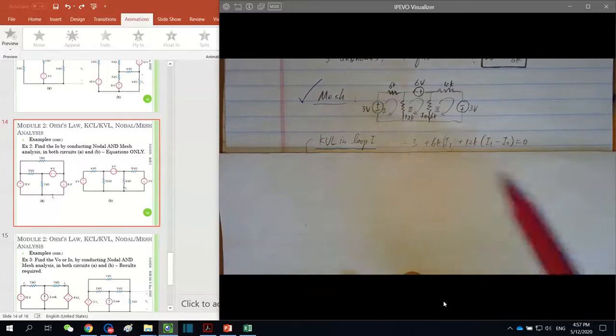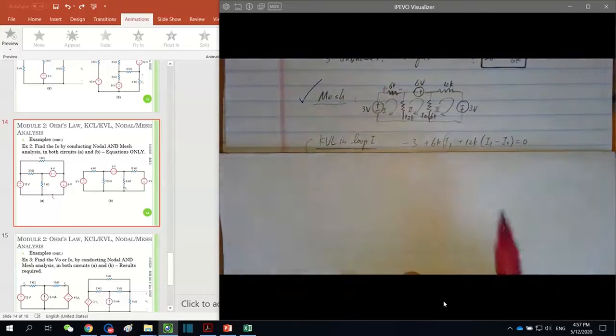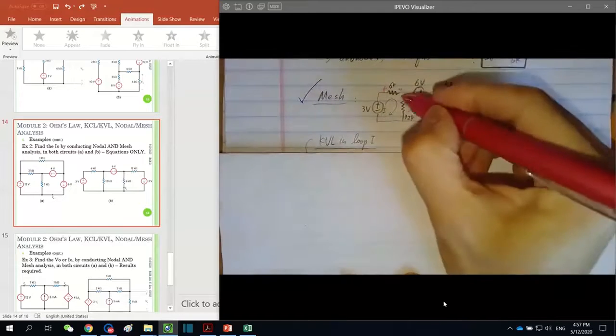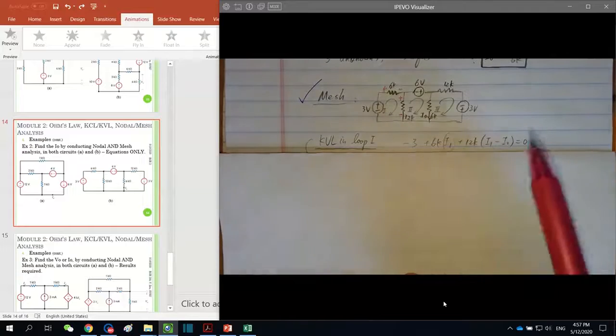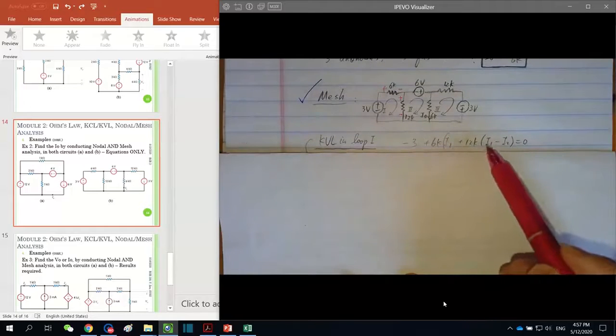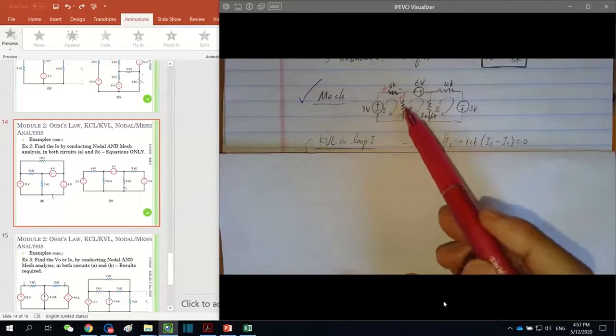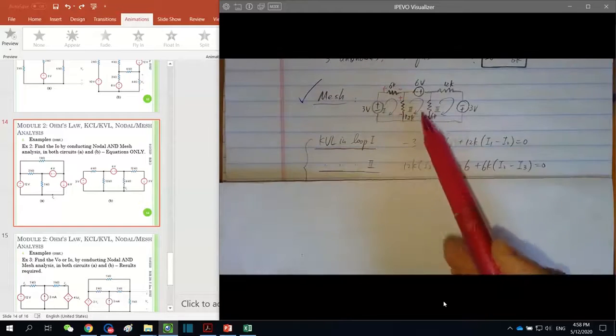Due to I1, it introduces a voltage with this polarity, so it's a positive 6K times I1. Next, we come across the 12K resistor, and due to I1 and I2, you have 12K times I1 minus I2 with this polarity of the voltage across, equals 0.